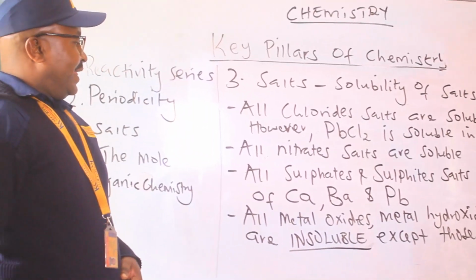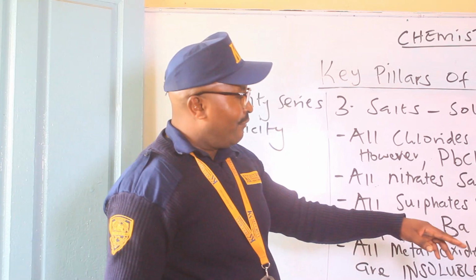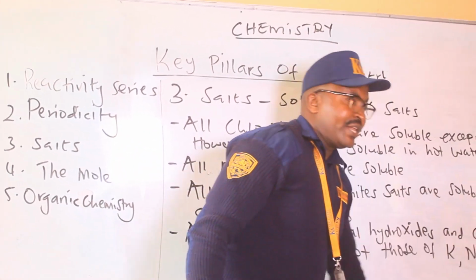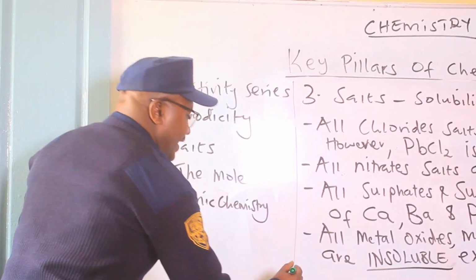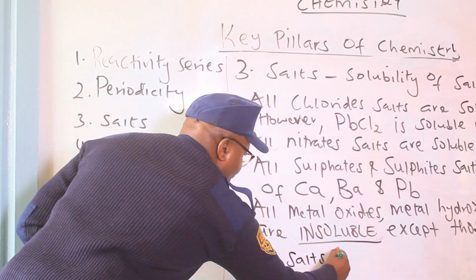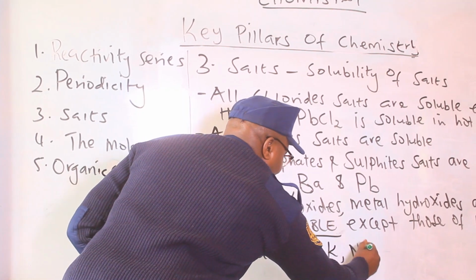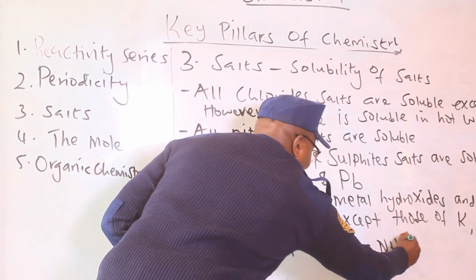So, the oxides or metal hydroxides and carbonates of potassium, sodium, and ammonium are soluble. Then all salts of potassium, sodium, and ammonium are soluble.